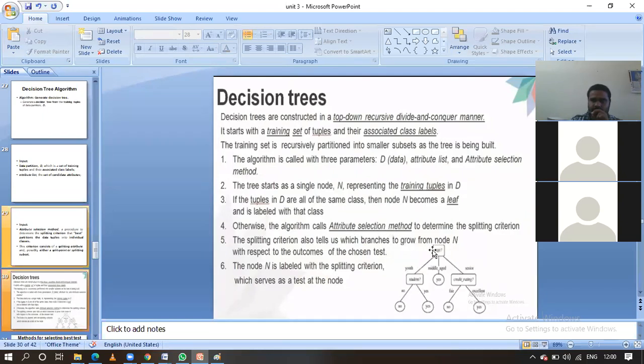The same process is used for all the remaining attributes, which is why we call it a recursive approach. We divide the overall attributes into subsets and repeat the same process. The input is the training set tuples and associated class labels.